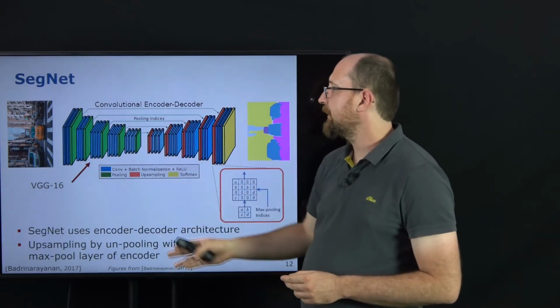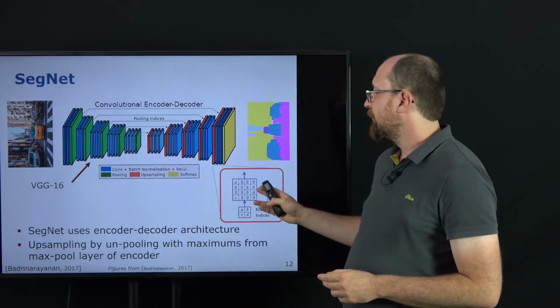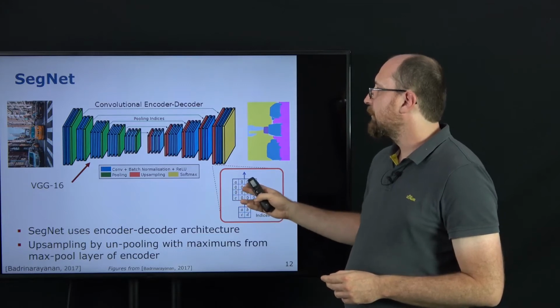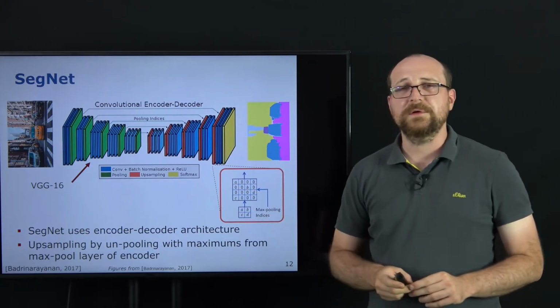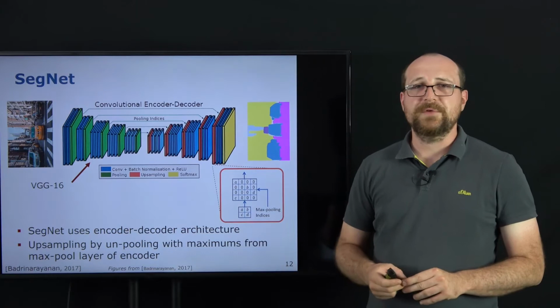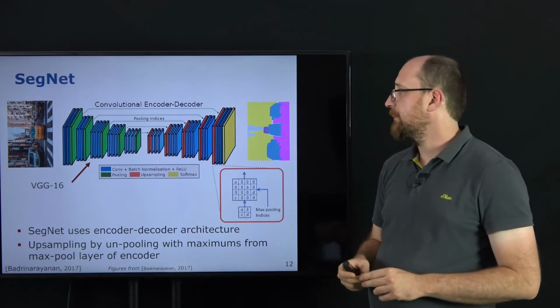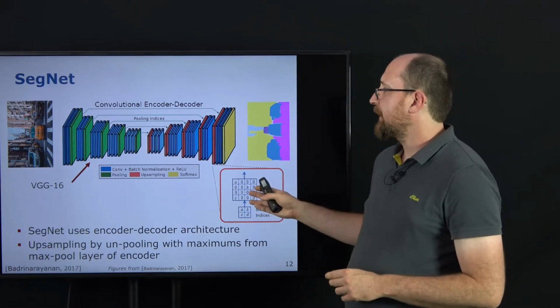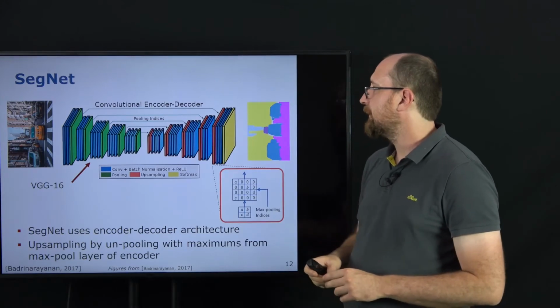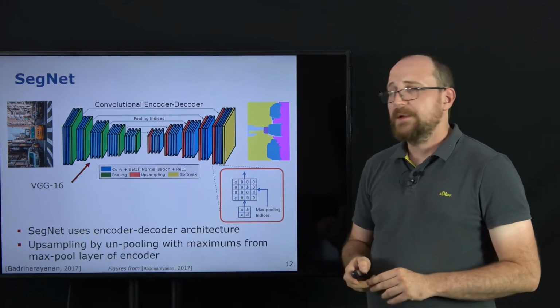So there are max pooling layers in between, and using these indices to then do the unpooling. So this is a different way of upsampling the feature maps. By using this idea, they can also get a better upsampling in the end.